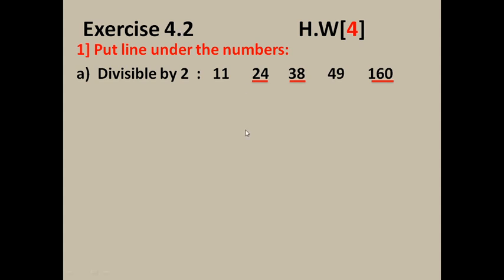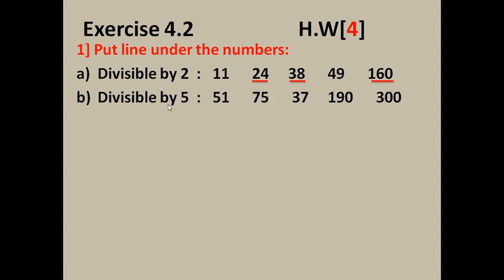Okay, next, divisible by 5. A number is divisible by 5 if it ends with 5 or 0. If the number ends with 5 or 0, it is divisible by 5. Here the number ends with 5, meaning the number in the ones place is 5.